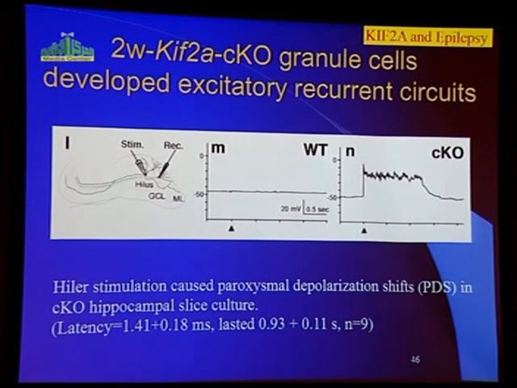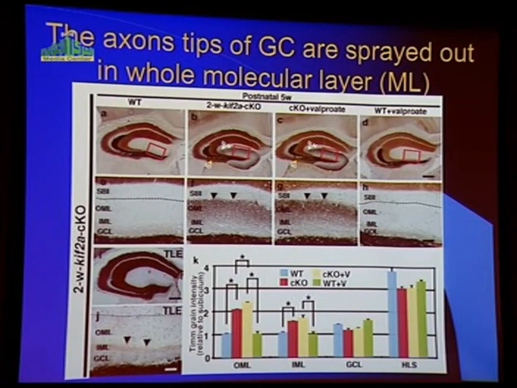So obviously recurrent circuit, abnormal circuit is formed here. That was confirmed by the staining with zinc. Zinc is enriched in mossy fiber axons. So compared with wild type, knockout, there is lots of axonal network here, abnormal network.